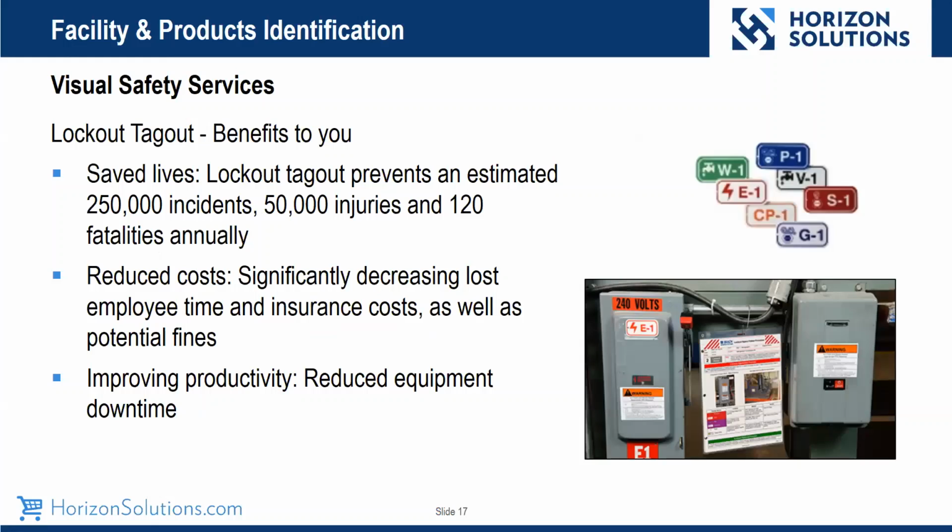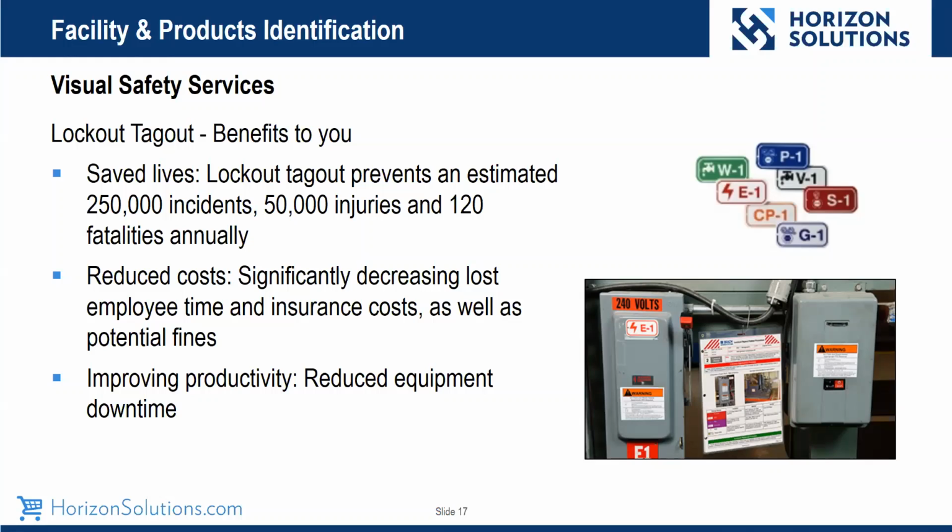How does a lockout tagout program benefit you? This first bullet point is very general, but you start to think about it in terms of saved lives. Lockout tagout, annually will prevent an estimated 250,000 incidents. Looking at preventing 50,000 injuries and roughly 120 fatalities.